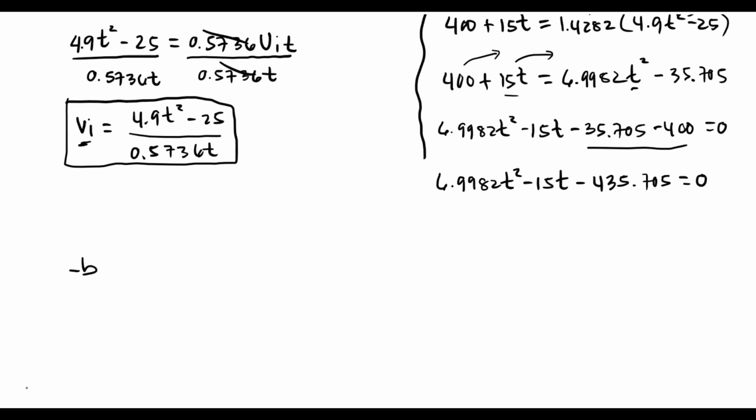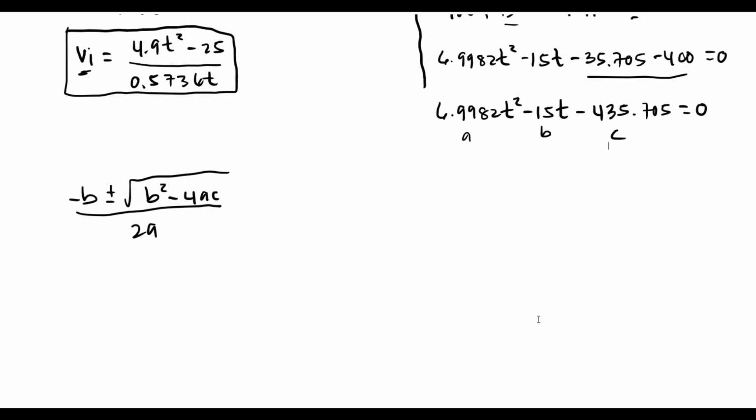Then to solve for the time, we're going to use the quadratic formula. So that's negative b plus minus the square root of b squared minus 4ac, over 2 times a. From this equation, this one is a, b, and c. So substitute now all the values. So we have b is negative 15, plus minus the square root, and again b is negative 15 squared minus 4 times a.